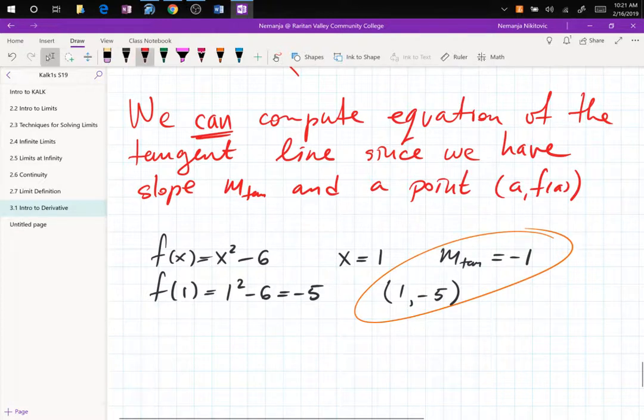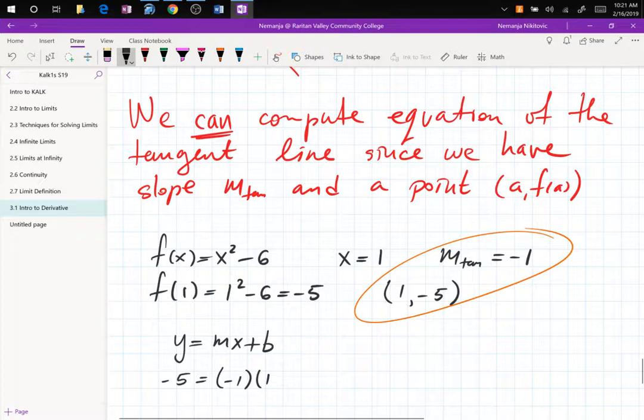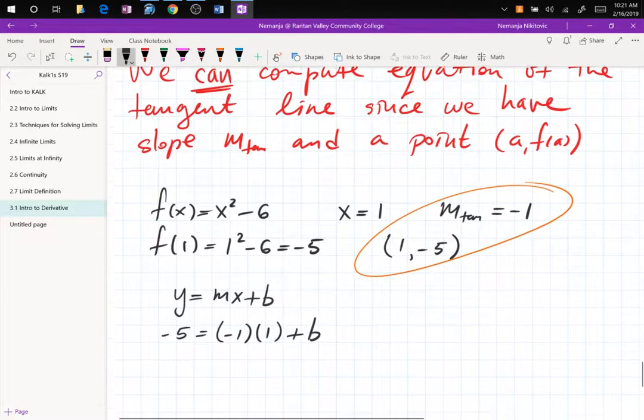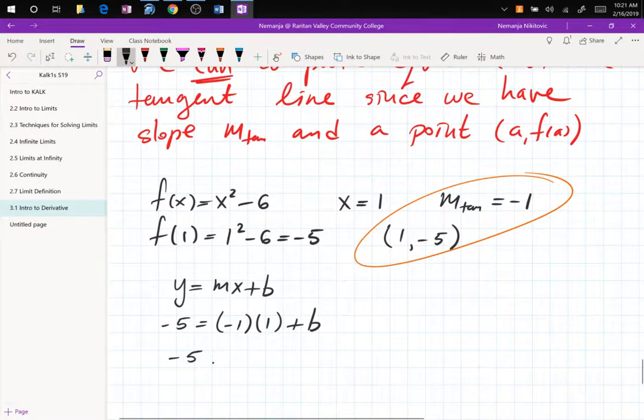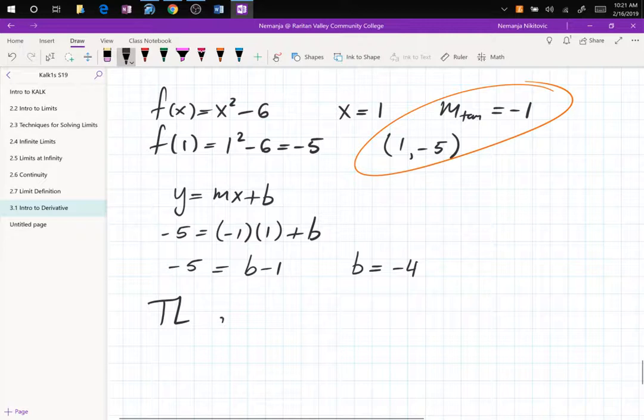So now I can plug everything into y equals mx plus b. Y is -5, m is -1, x is 1, plus b. So -5 is equal to b minus 1, from where b is equal to -4, and the tangent line at x equals 1 would be y equals -x minus 4.